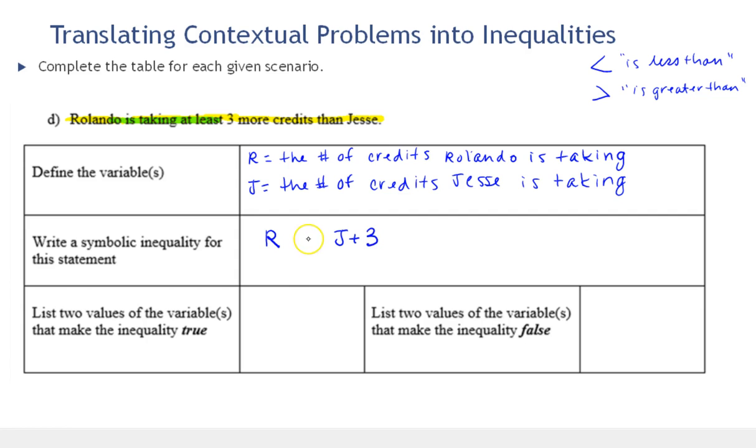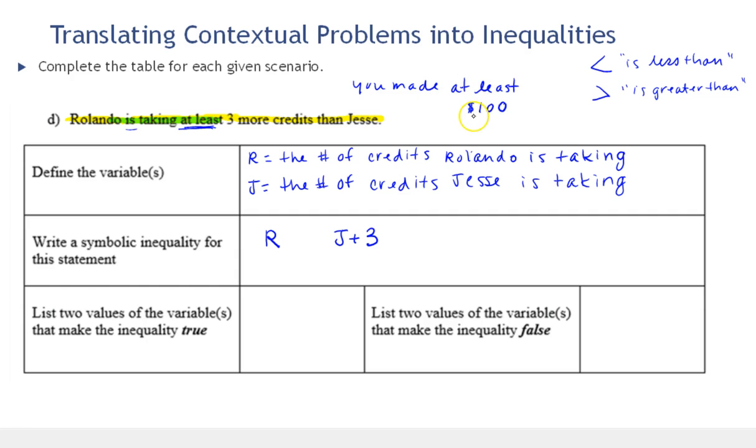Now the question is, what inequality symbol do we put here? So we have "at least," or "is at least." So let's think about money again. You worked tonight and you made at least $100. Well, if you made at least $100, you could have made $100, or you could have made more than $100.